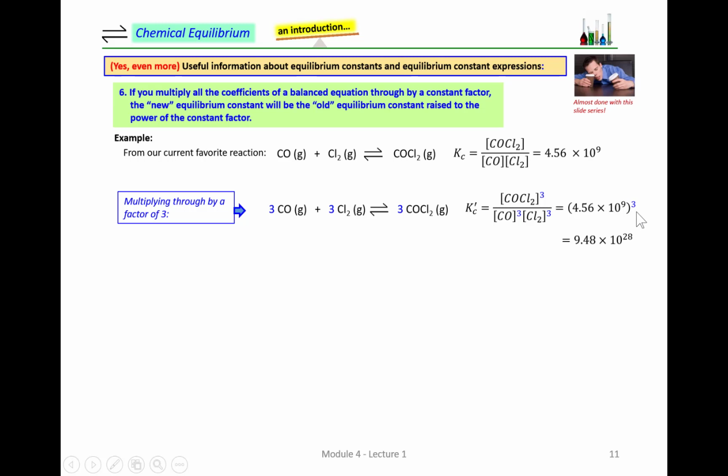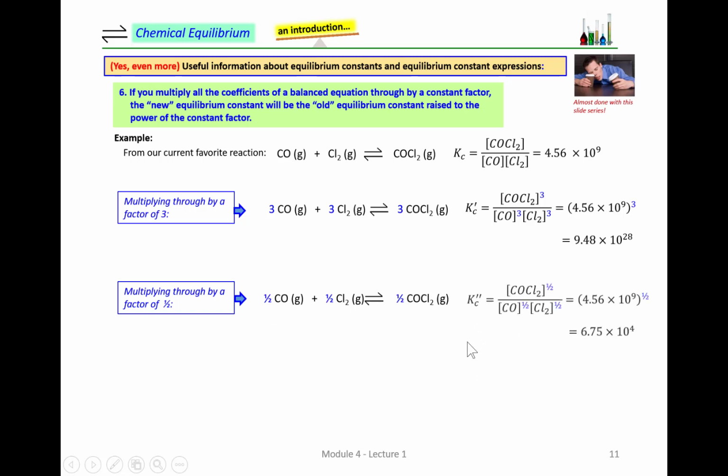What happens if we multiply through by a different factor? Suppose we multiply through by a factor of 1/2. Well, we follow the same guidelines. The new Kc will be equal to the old Kc up here, raised to the power of the factor we multiplied through by.